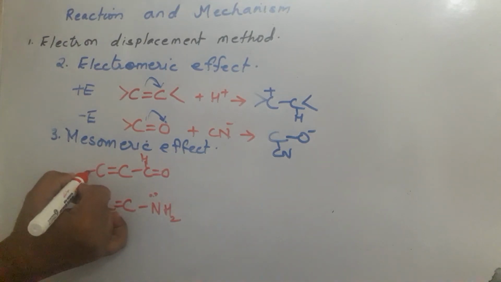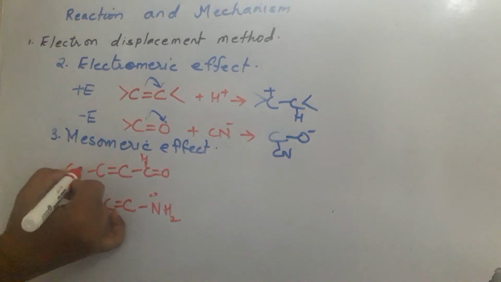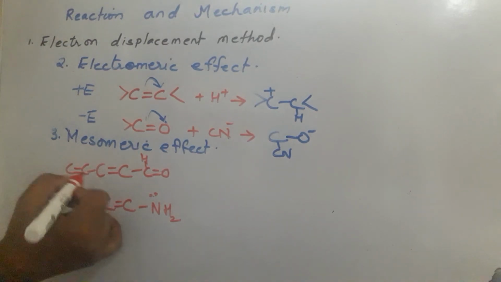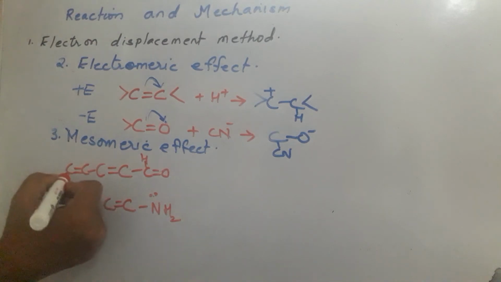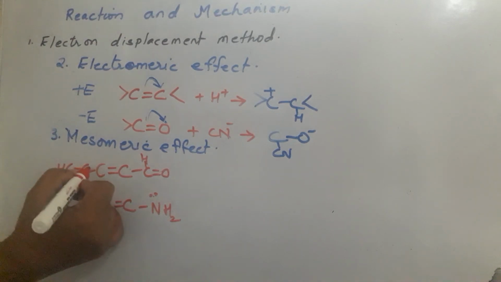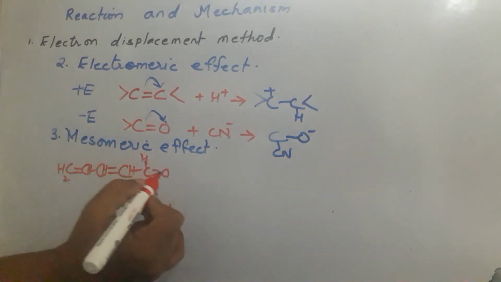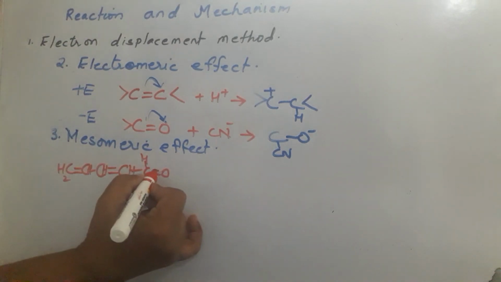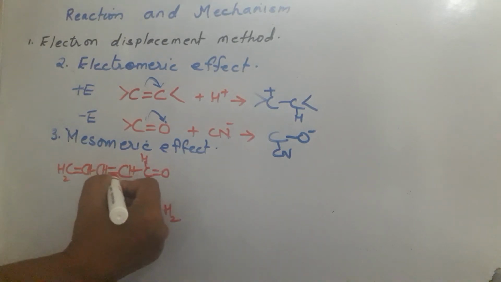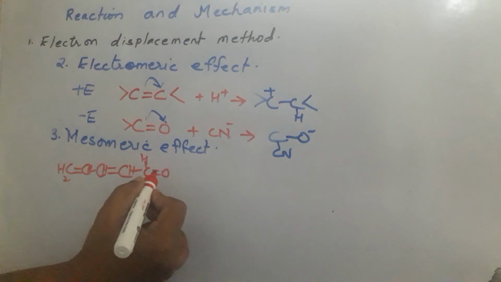Suppose there is a chain where there is carbon in a conjugated system. Now in this chain, the pi electron of the electron withdrawing group and the pi electron of the conjugated system are interacting.